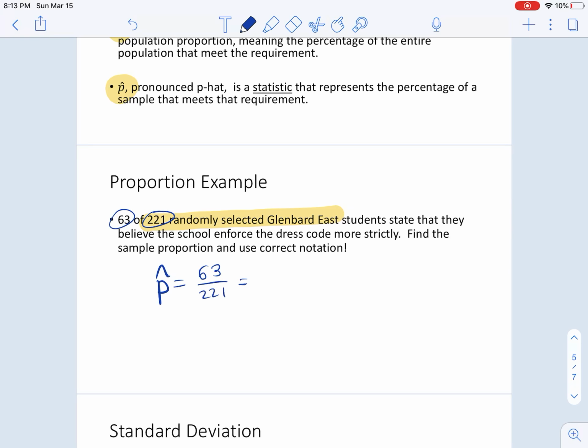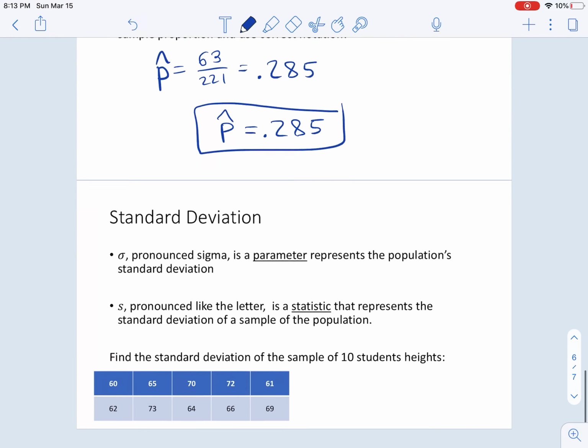So 63 divided by 221, I'm typing this into my calculator right now, equals 0.285. So p hat equals 0.285 would be our final answer. And that's a sample proportion, using the symbol p hat.